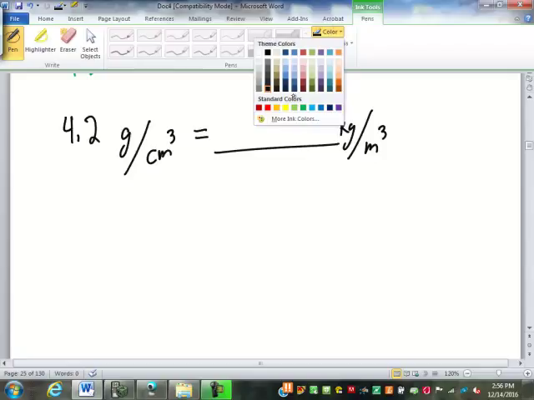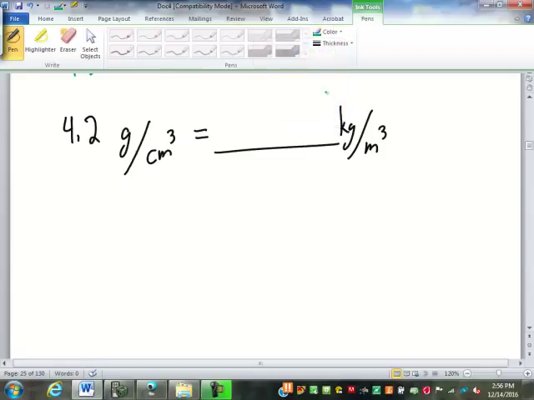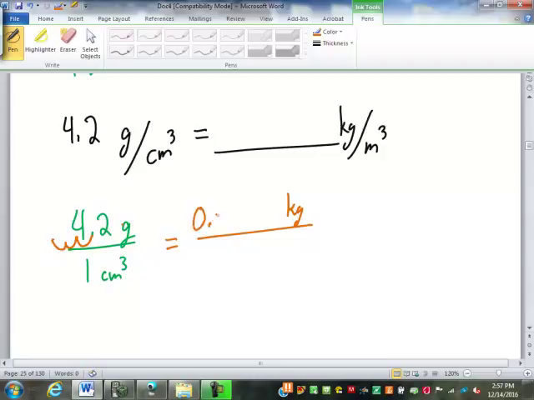Now, since both units here are metric, got 4.2 grams over 1 centimeter cubed, we can just move the decimal point for each of them. So we're going to change the grams to kilograms. Grams to kilograms is, again, 3 spots to the left. So that becomes 0.0042 kilograms. We also have to change centimeters cubed into meters cubed.